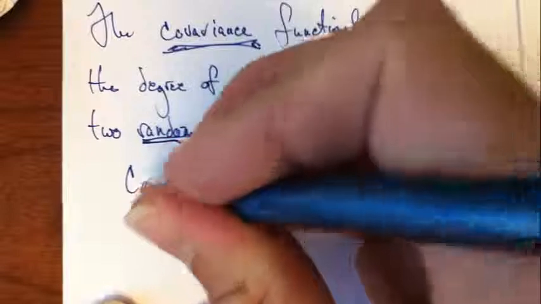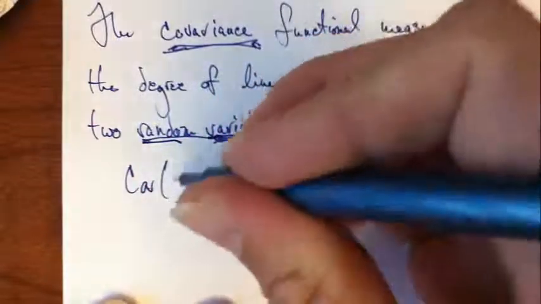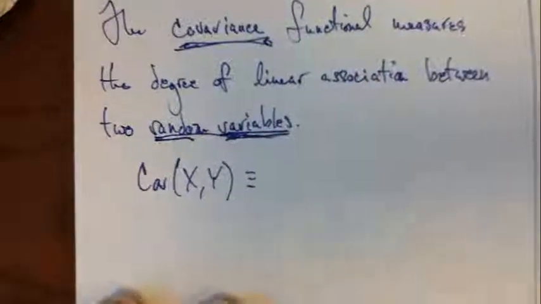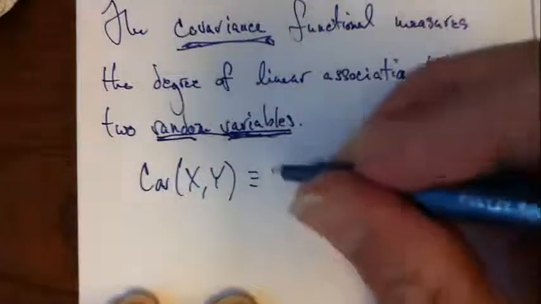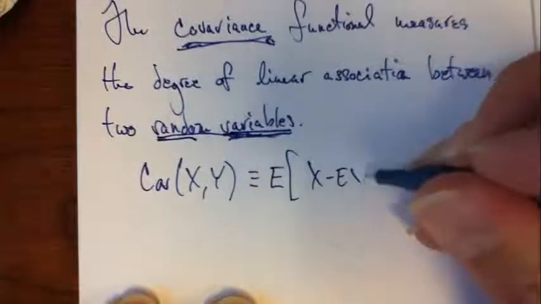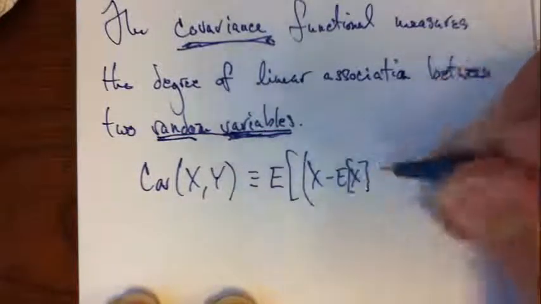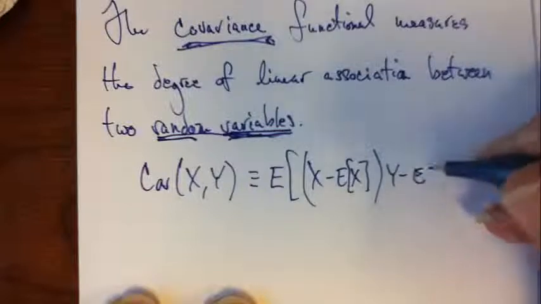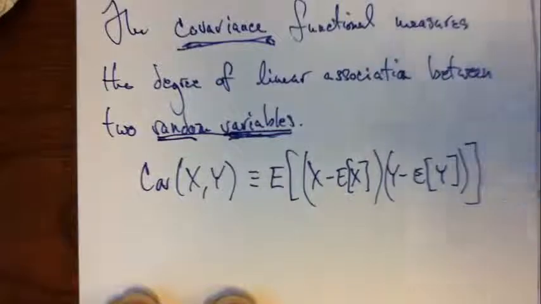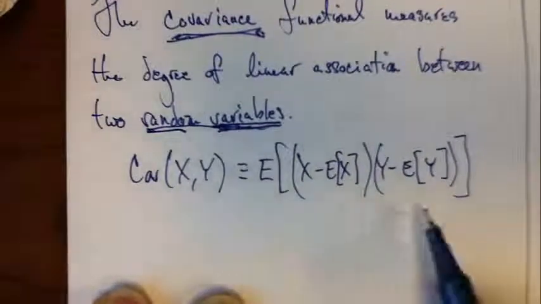And so the covariance functional, the covariance of x and y, we define to be the expected value of x minus the expected value of x, times y minus the expected value of y. Hey, this looks a lot like the variance, right?